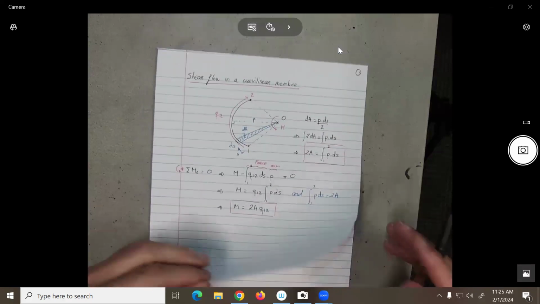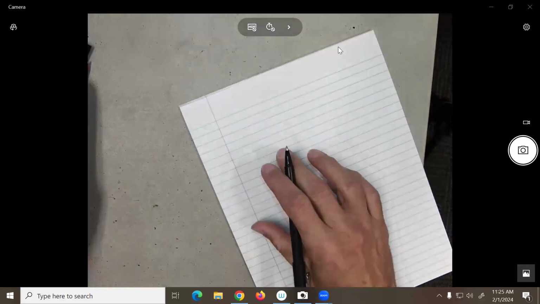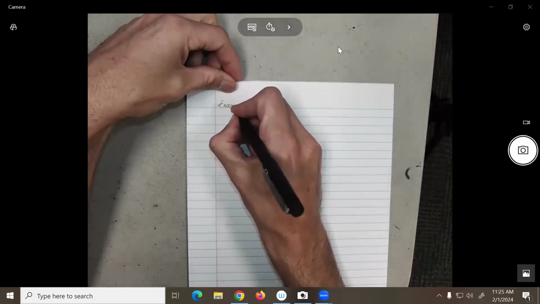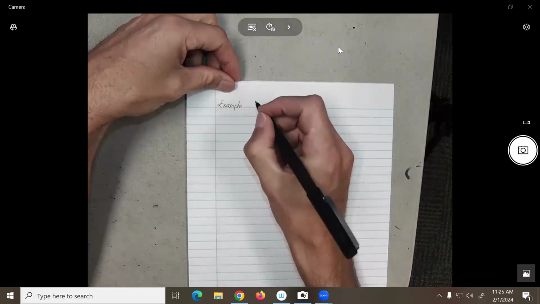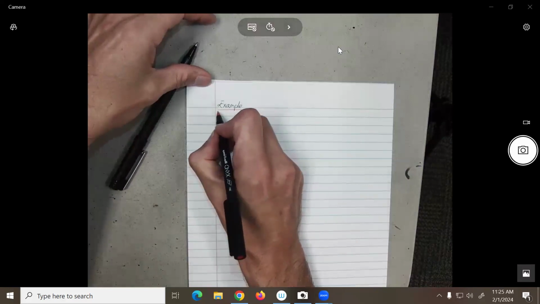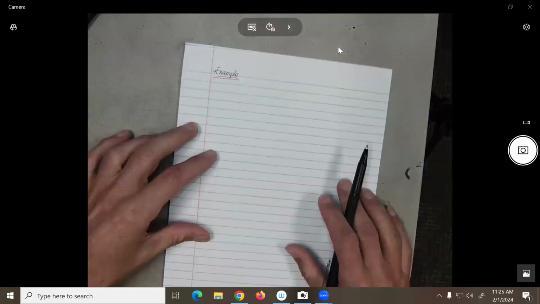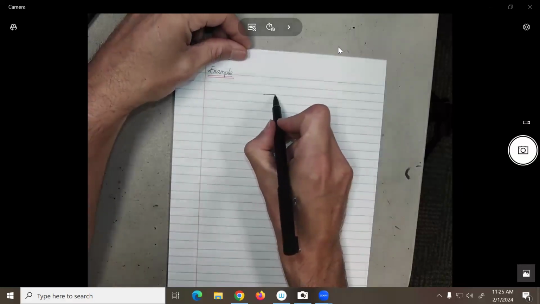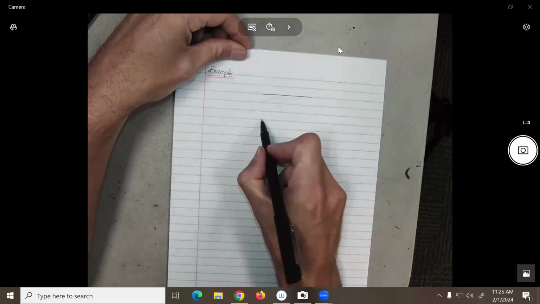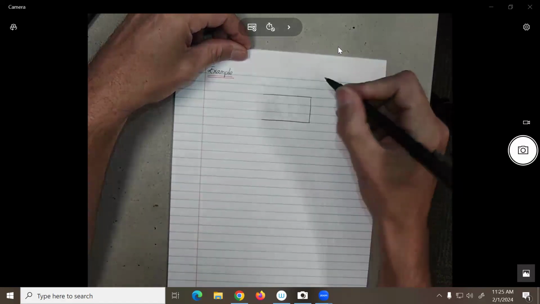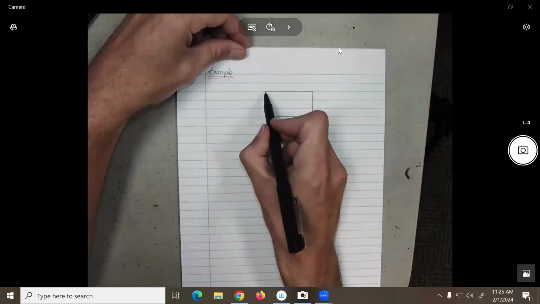Okay, so let's do one example. In this example, the structure will be a one cell member.